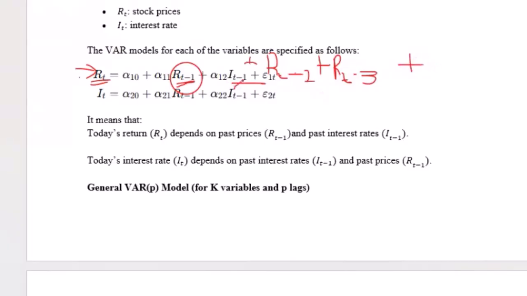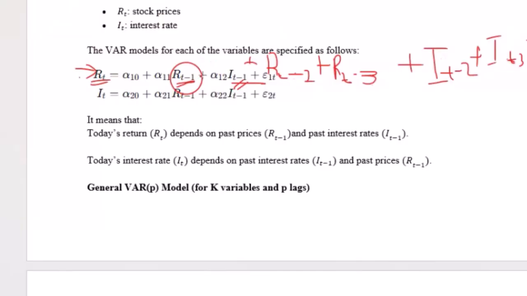Interest rate in 2025, maybe interest rate in 2024, plus interest rate in 2022. Now, at the end, you add your error term.